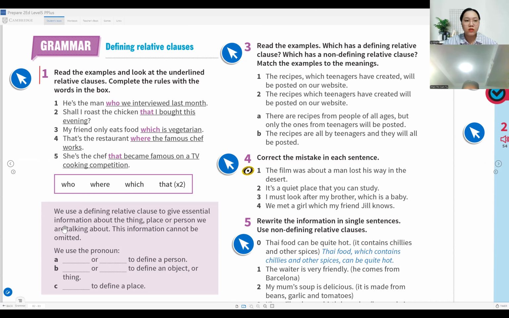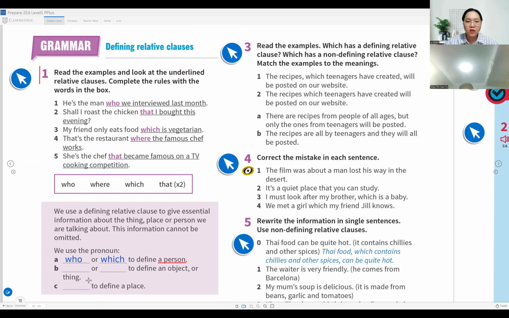We use defining relative clauses to give essential information about the thing, place, or person we are talking about. This information cannot be omitted. We use the pronoun who or which to define a person and where.